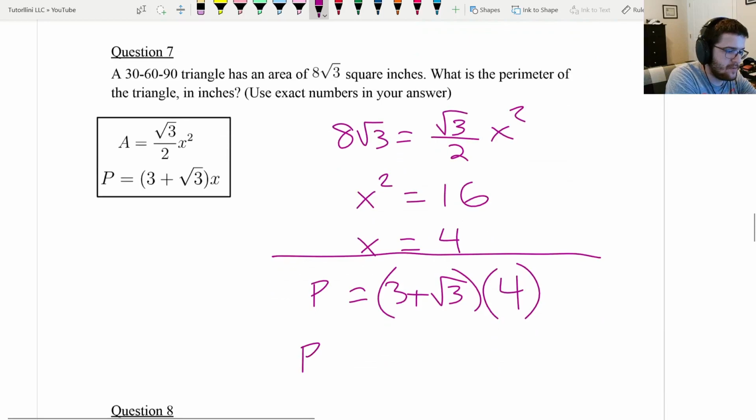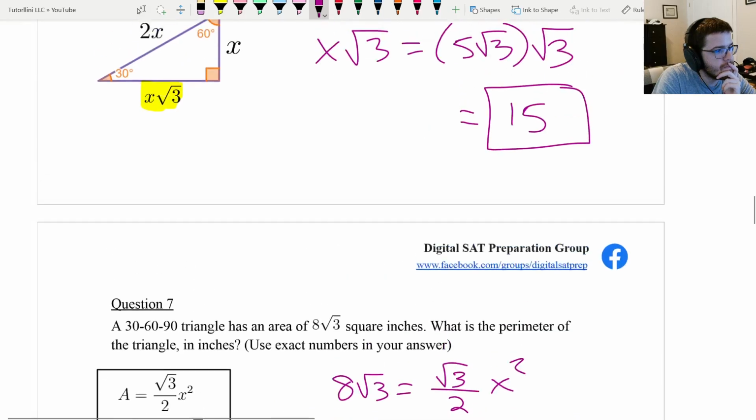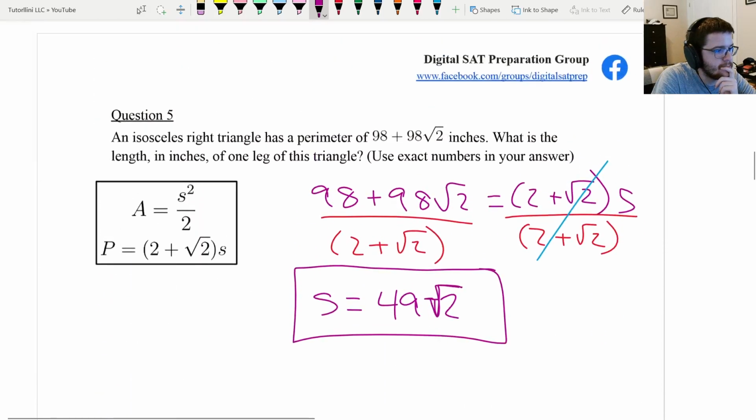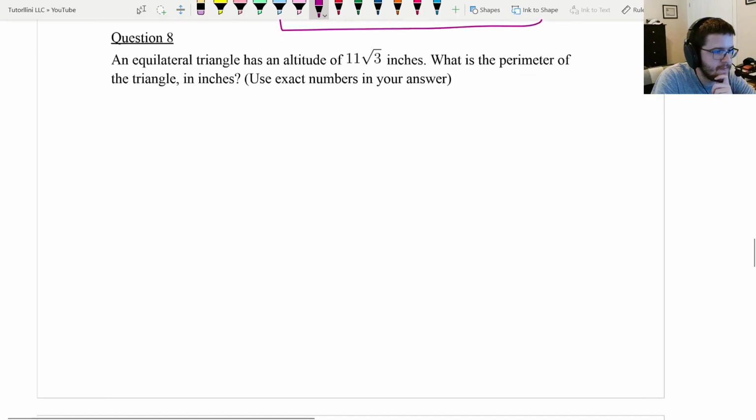So the perimeter would be 12 plus 4 root 3, and that would be in inches. So I think that is right. Very good. Okay, let's keep going.